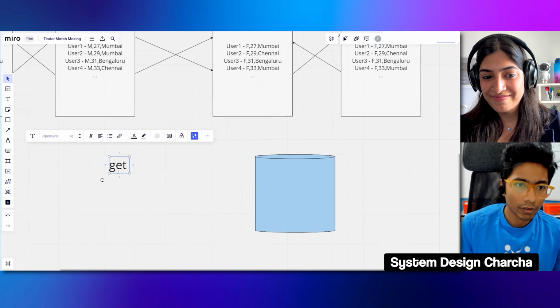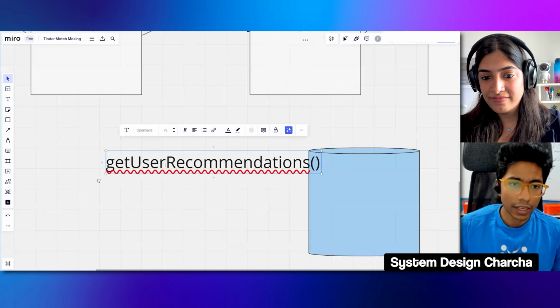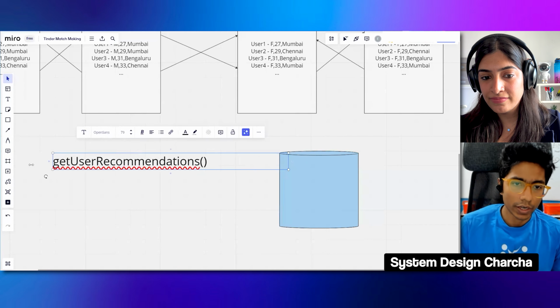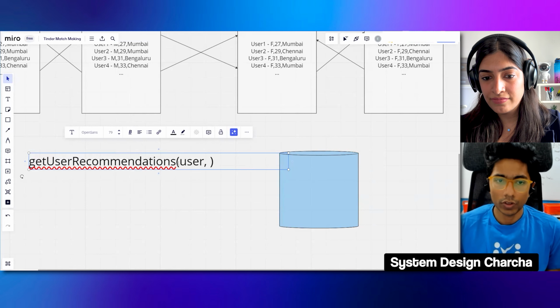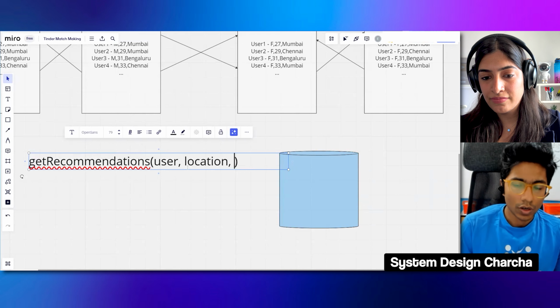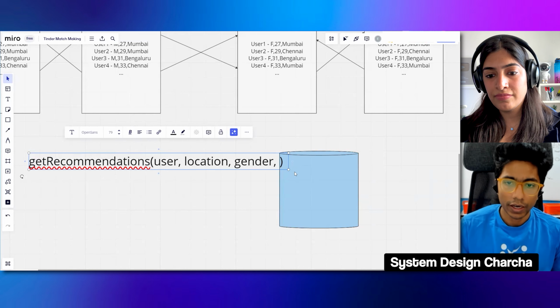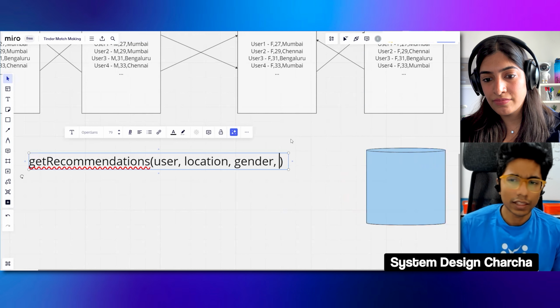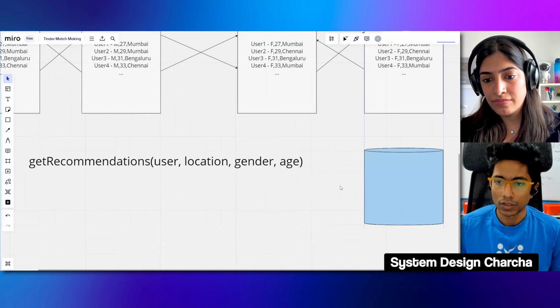Let's say we get user recommendations, and in this API, we send the user who's asking for the recommendations, and we send their location, and the user actually has the gender also, but I'm just making it explicit. And the last thing that we said was age. Let's just start with this so that it's easy.